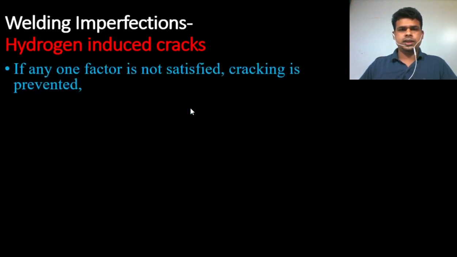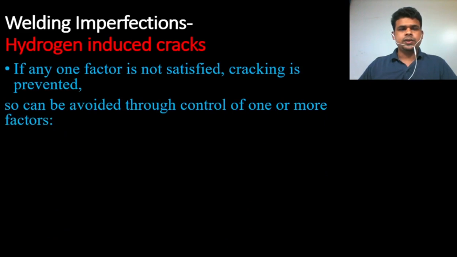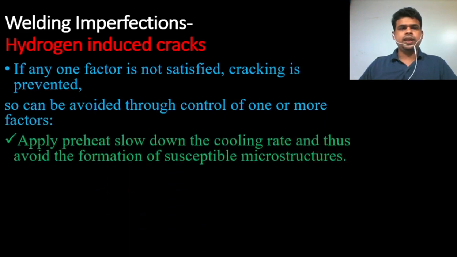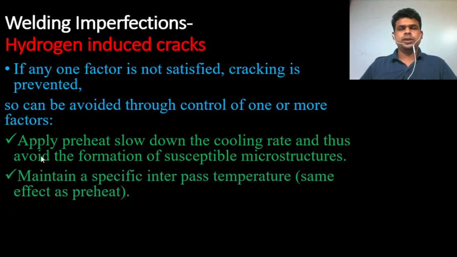Another thing is that if any one factor is not satisfied, cracking is prevented, so it can be avoided through control of one or more factors. How can we control these things? Apply preheat, slow down the cooling rate, and thus avoid the formation of susceptible microstructure.